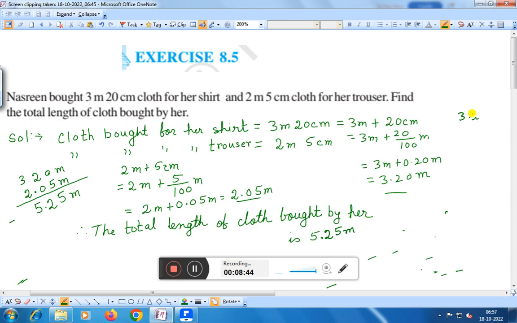You can directly write also 3.20 meter, and 2 meter 5 centimeter is 2.05 meter. You can directly write also, but we have shown here how to convert the numbers, that is how to convert centimeter to meter. This is the way you can add, right?